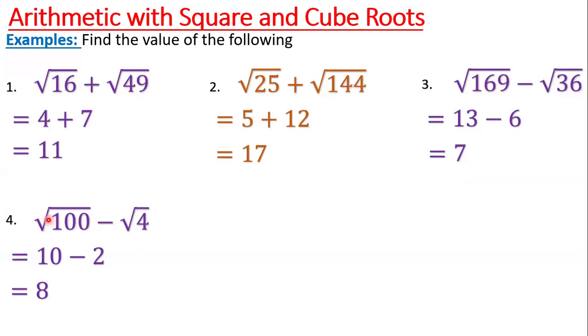How do I get number 4? Explain number 4 to me. You get number 4 because the square root of 100 is 10, because 10 times 10 equals 100. And the square root of 4 is 2 because 2 times 2 equals 4. And then you take away 2 from 10 and you get 8. So you subtract these two numbers and you get 8, right?